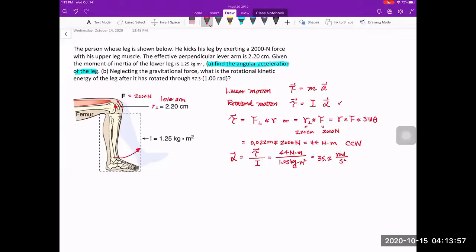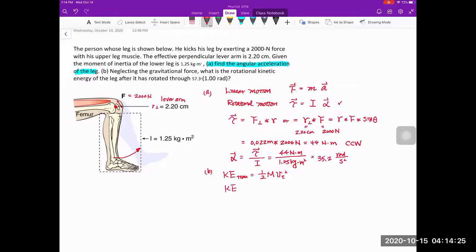Well, if you want to find the rotational kinetic energy, let's remember that we talked about this in the previous lecture. We have a kinetic energy for the translational, and the translational is 1/2 mv squared, where v is the tangential speed.